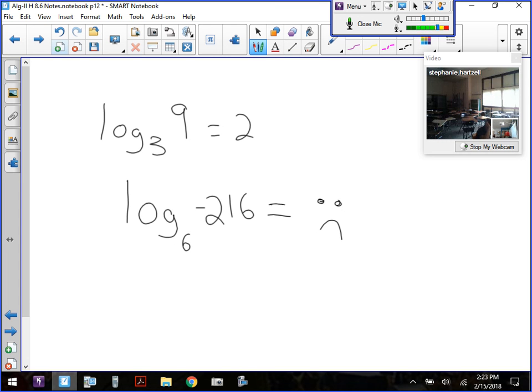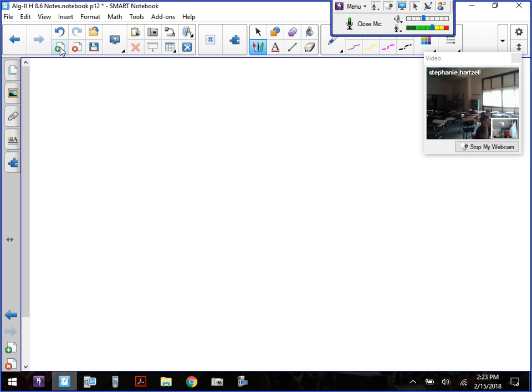No solution. You can't do it because you can't take the log base of a negative. What's the inverse? Rewrite that as exponential: b to the x.